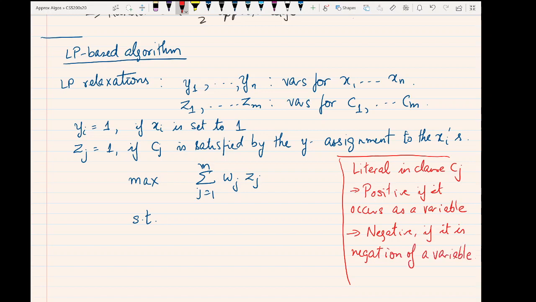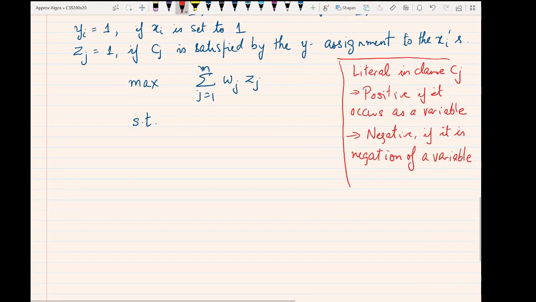So cj is the or of xi, i in the positive literals in cj, and an or of the negation of the negative literals.